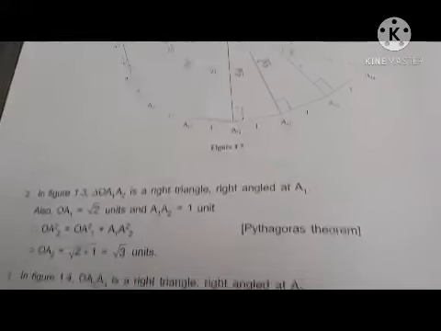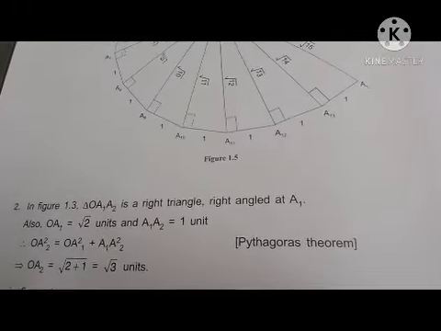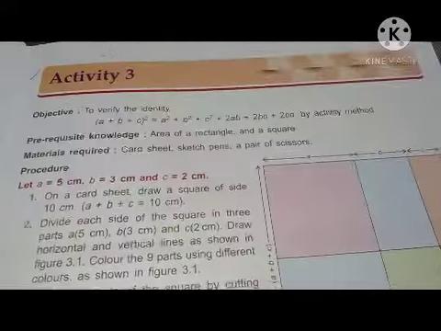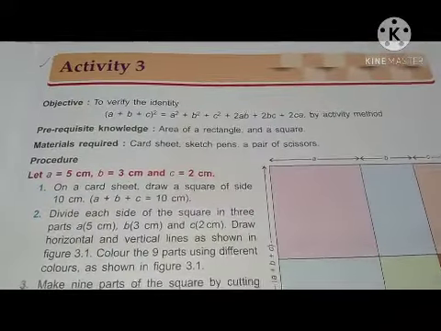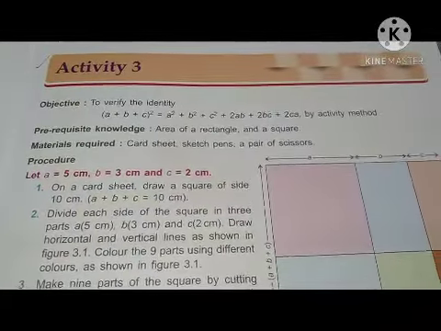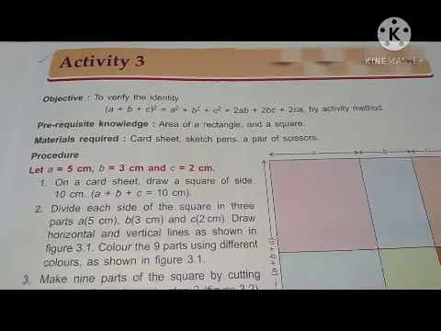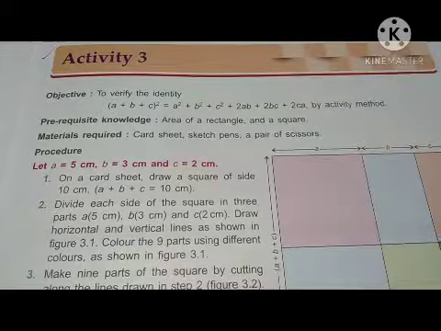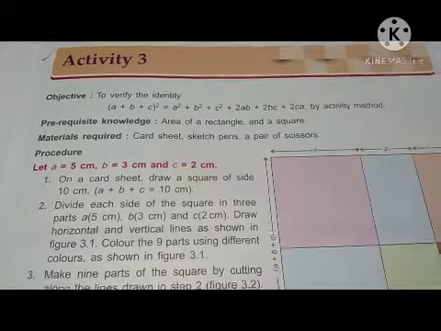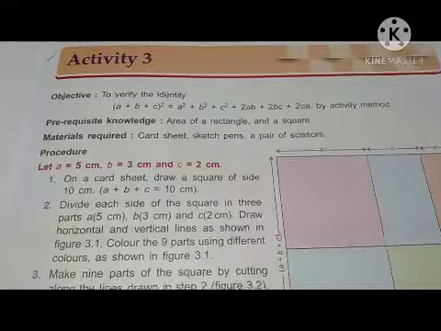So this is the same as your subject enrichment activity 2. This is activity 3 in your lab manual, but you have to write this as activity 2 in your record. After activity 1 in your lab manual you have to write activity 3, but you have to put that number as activity 2.